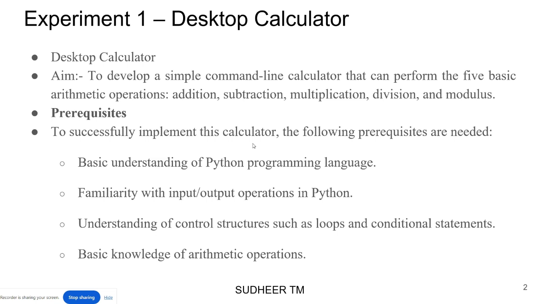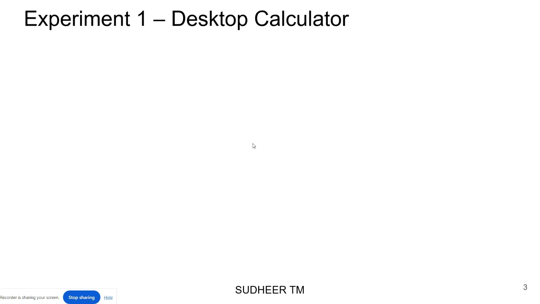And the basic knowledge of arithmetic operations, that also we covered in the last sessions. Operations like addition, subtraction, multiplication, division, and modulo using Python commands. That also we have learned. So we have to use all these in experiment number 1 to achieve our aim. So these are our prerequisites.